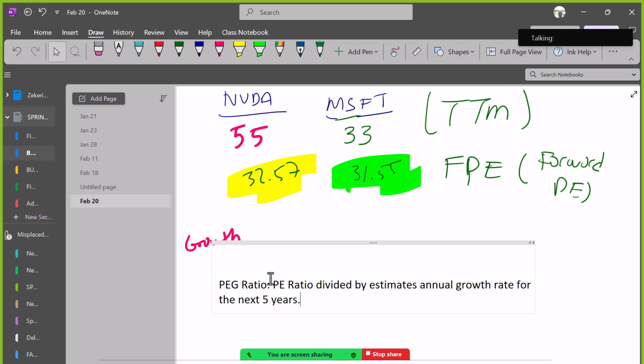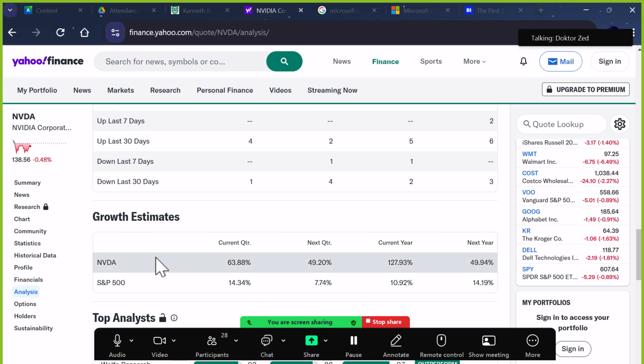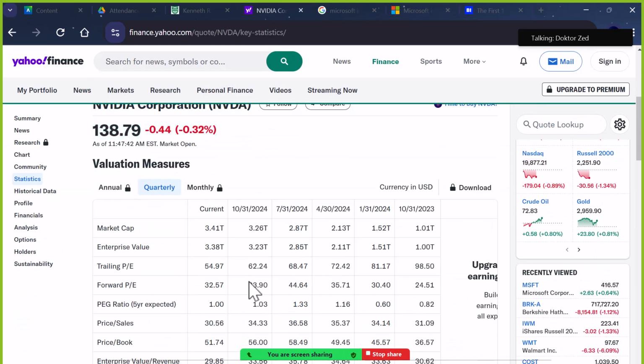I think they generally use the trailing PE to calculate PE, and sites like FinanceYahoo.com give those in their statistics. The PEG ratio is 1 for NVIDIA.